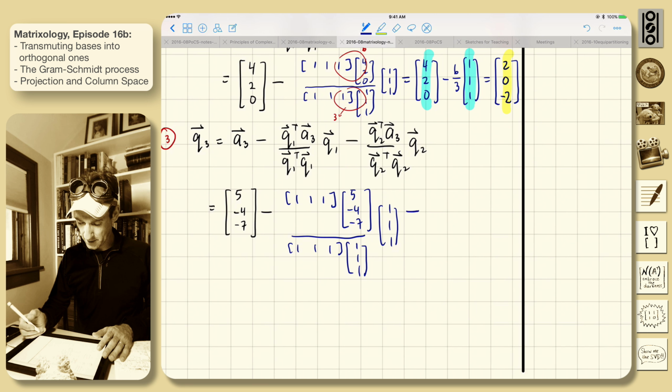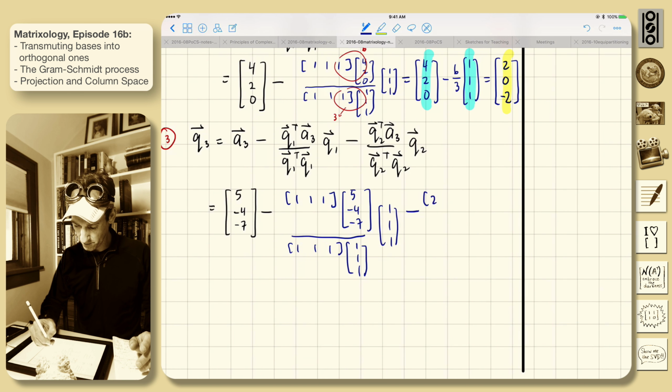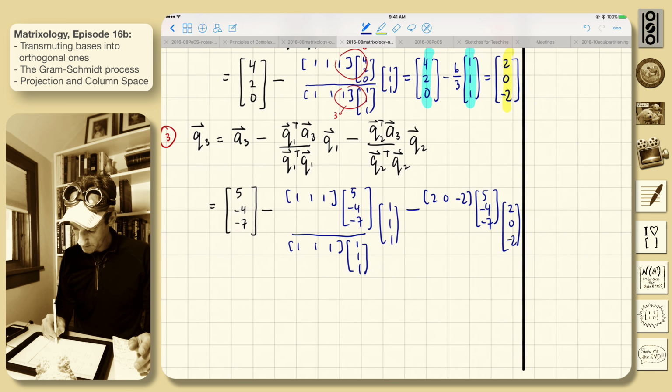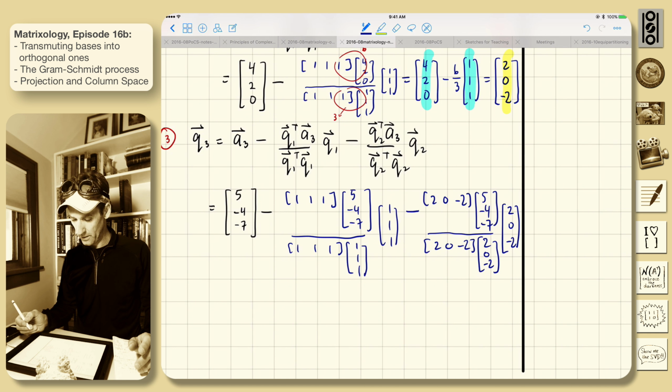And then we subtract off Q2, which we've just made, 2, 0, minus 2. Again, this is the thing we're trying to clean up. This is in the direction of 2, 0, minus 2. All of this is divided by the inner product of the second new basis vector.